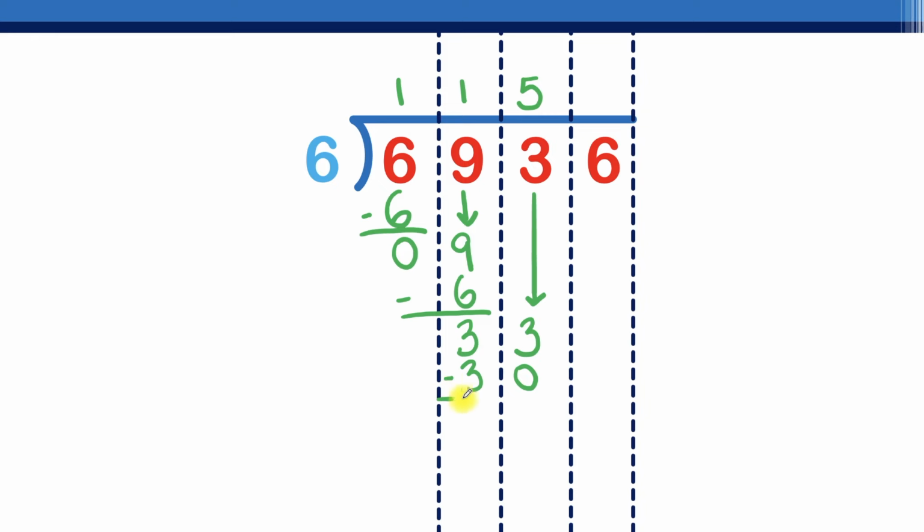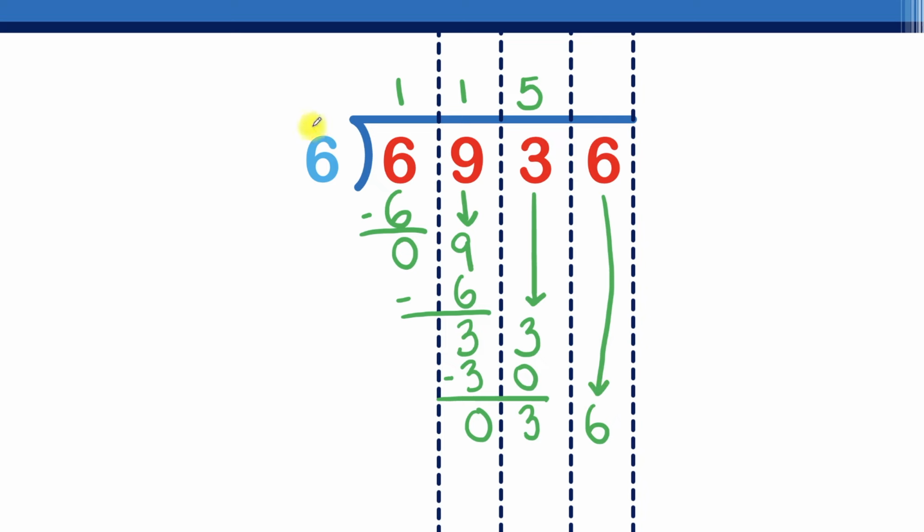We'll subtract this, and 3 minus 0 is 3. 3 minus 3 is 0. Now that we're done subtracting here, we'll look at the next column and bring that value down. And then we repeat the process with this number, 36.